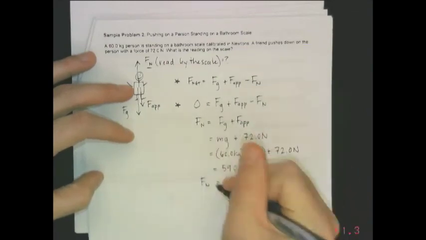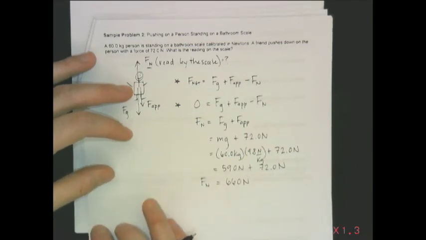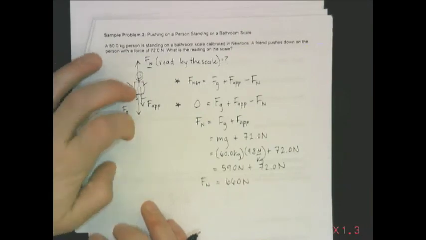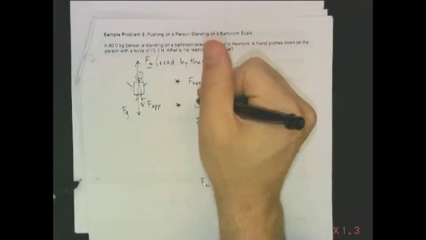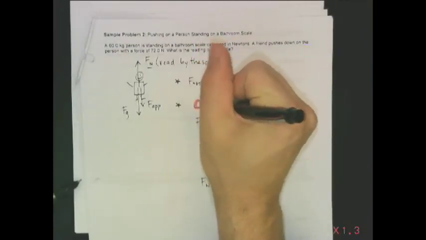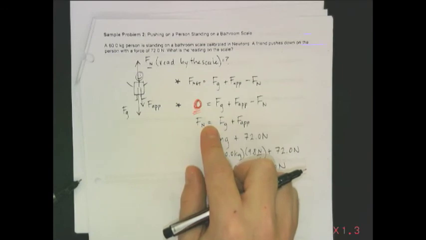So the normal force that's applied is 660 newtons. Got it? So this question is really different. And the reason why it's different is because this is the first time, instead of putting the net force is equal to ma, that we've put the net force is equal to 0. Got it?